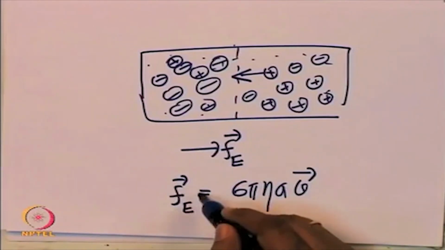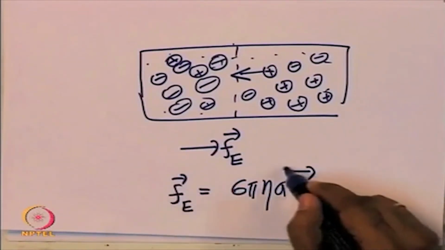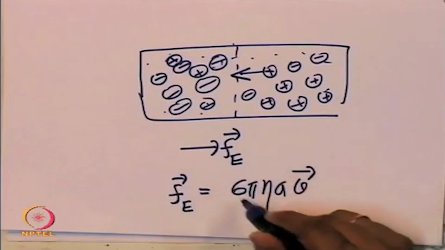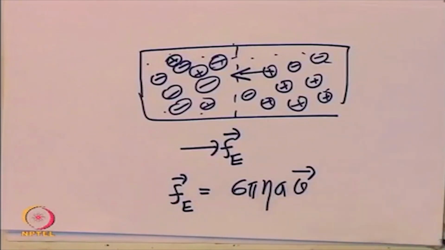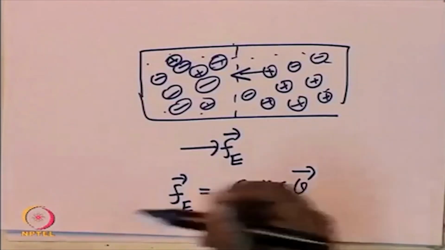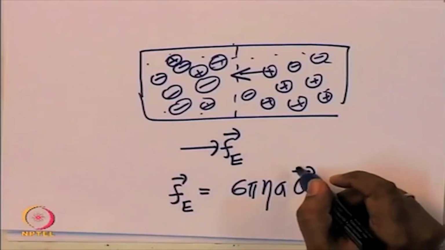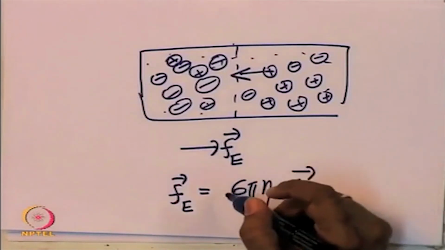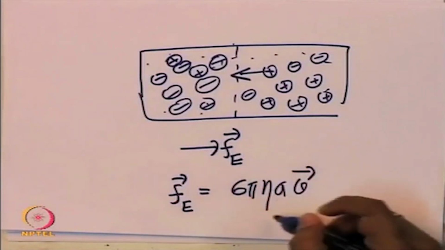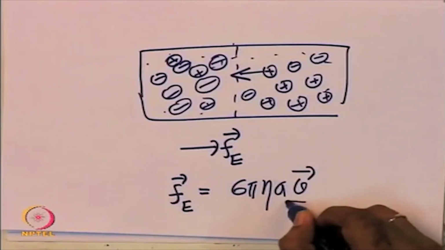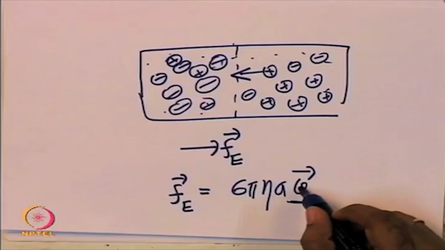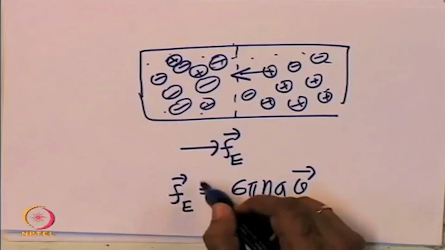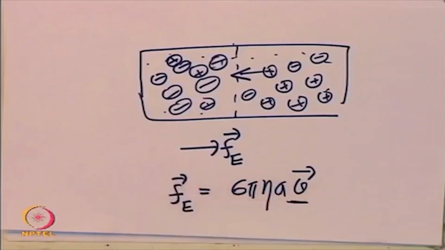Now, F_E is the electrostatic force and this is the drag force. When they are equal, there will be a uniform, steady state flow, and the velocity of this flow will be given by this v, which is related to the electrostatic force by this formula.